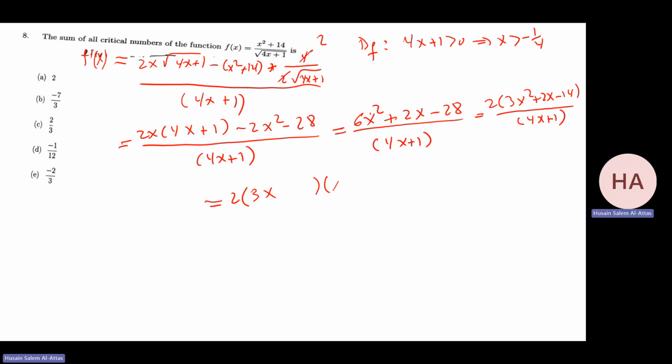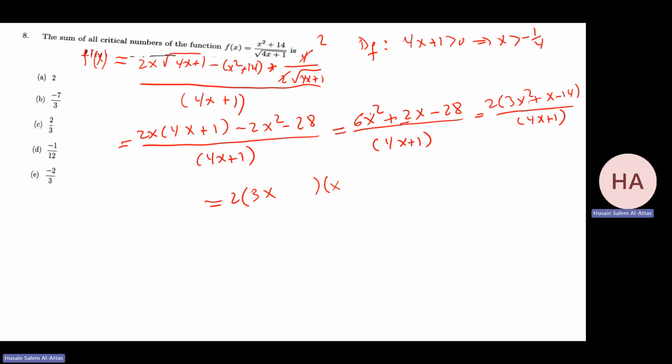3x, here we have x, and 2 in the middle. Oh, sorry, this is x. That's x.